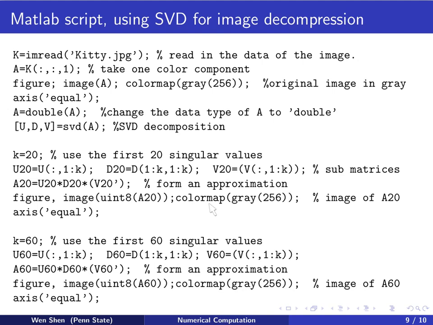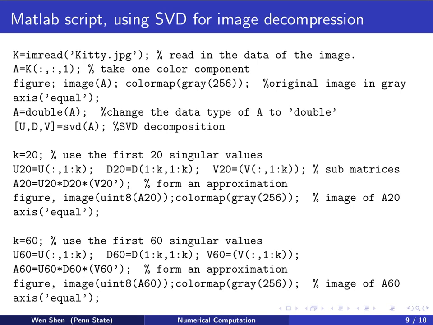Okay, and you define the same color map to be gray and set the axis to be equal. And then this whole thing is repeated again after I set K to be 60, and then we go through the same thing, form the submatrix, form the A60, and display it.